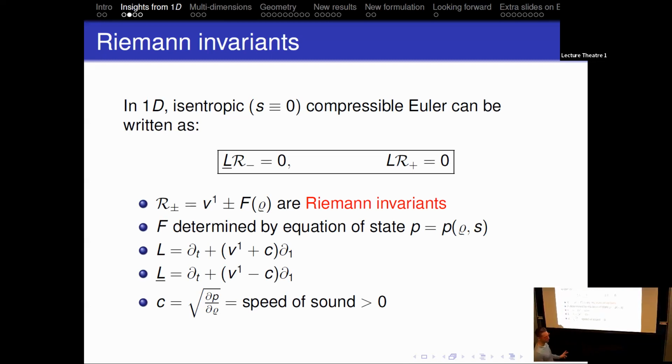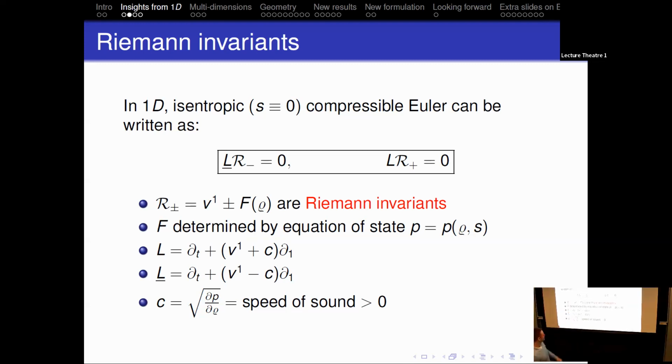The details don't really matter for the purposes of this talk. And the null vectors, the characteristic vectors L and L bar, are determined explicitly. So this is a huge simplification in 1D. In multi-dimensions, you do not have an explicit way of determining the characteristics in terms of the fluid solution only.